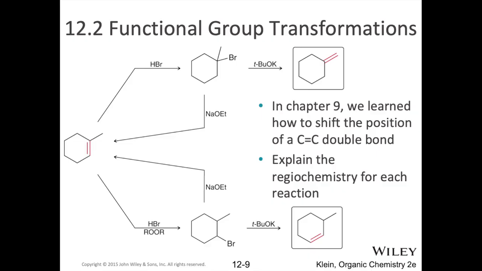Likewise, I think we saw back in chapter 9 that in addition to moving a halogen or alcohol functional group, we could also shift a double bond just by changing the order of operations here. We could do an addition reaction first using HBr, or doing it in an anti-Markovnikov fashion using peroxides, and then do our eliminations. Whether we get the Hofmann or Zaitsev product determines which product we get accordingly.